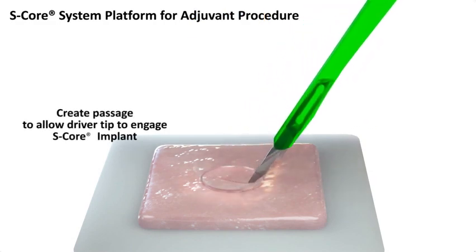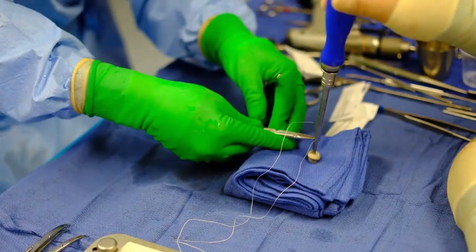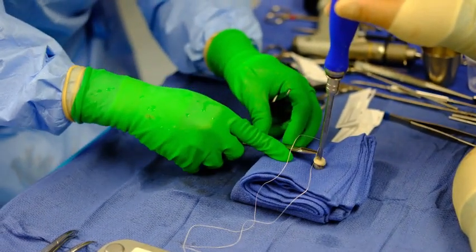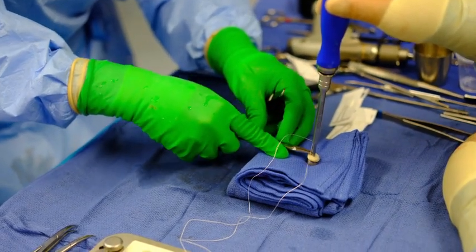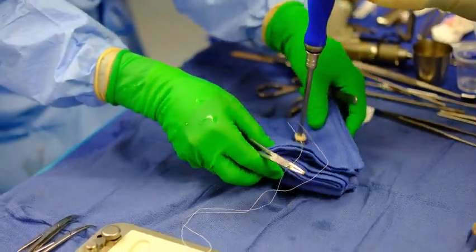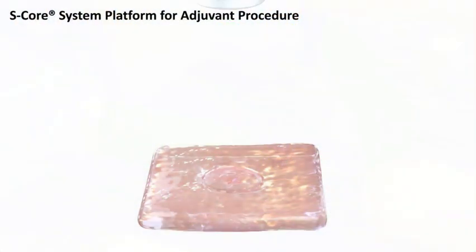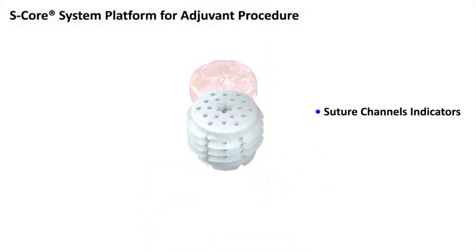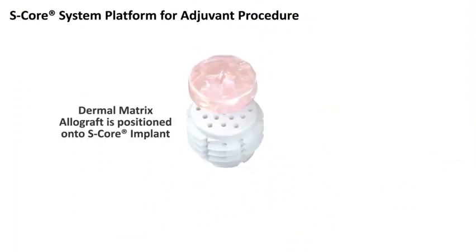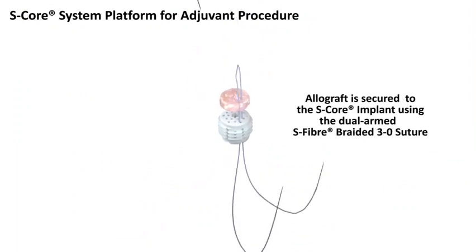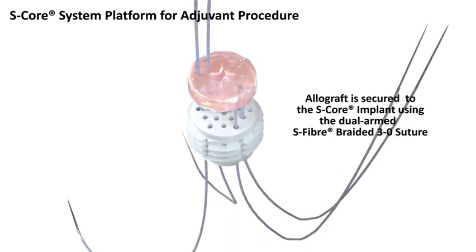We use a dermal punch to create a circular construct and then place a slit in the graft to allow the driver to come through the graft. You can see we're using the driver to hold the graft implant construct. The graft is fenestrated to allow marrow communication as well as a fixation point for sutures.